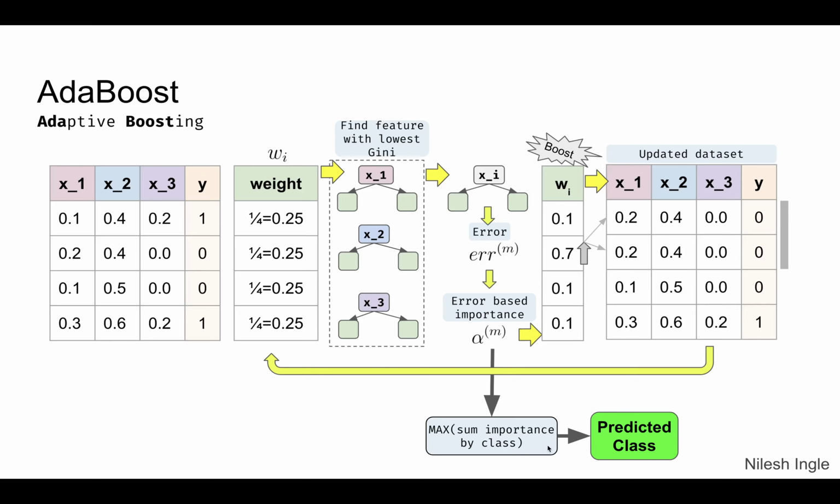If that happens after a specified number of iterations are done, then we can assign that particular sample to the predicted class.